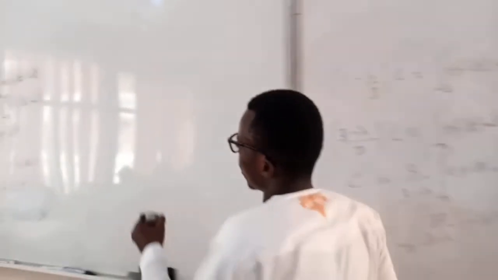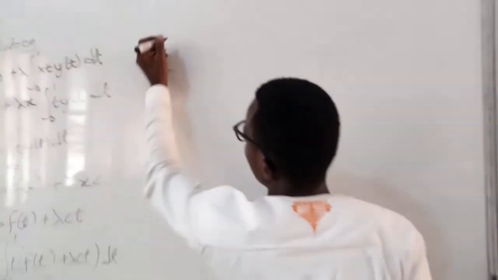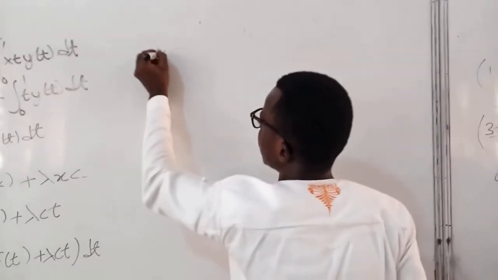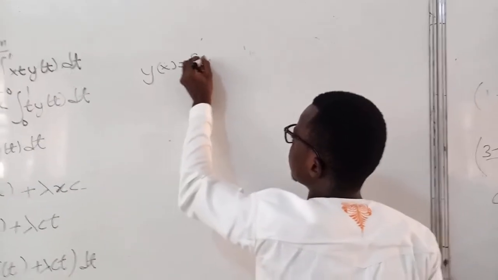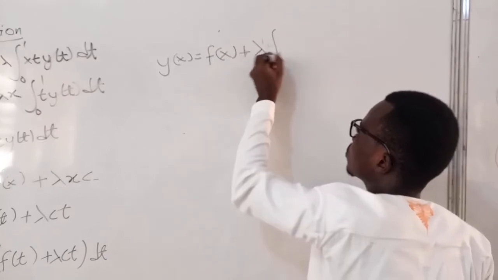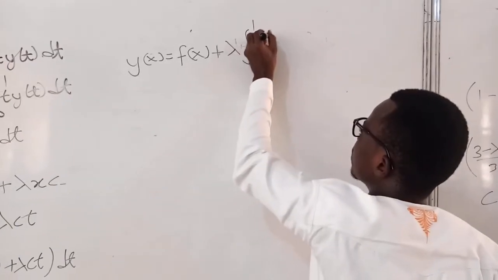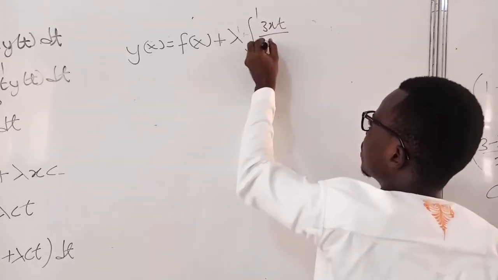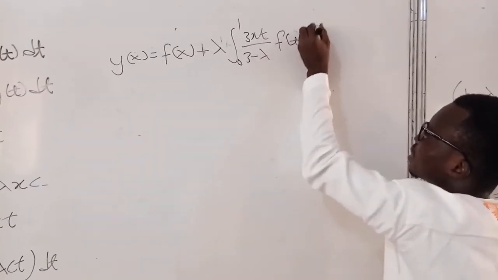So we're having y of s equal to f of s plus lambda integral from 0 to 1 of 3st divided by 3 minus lambda, and f of t dt.